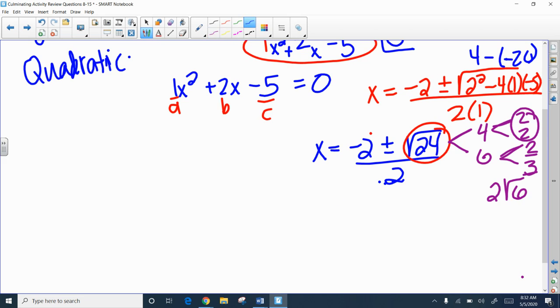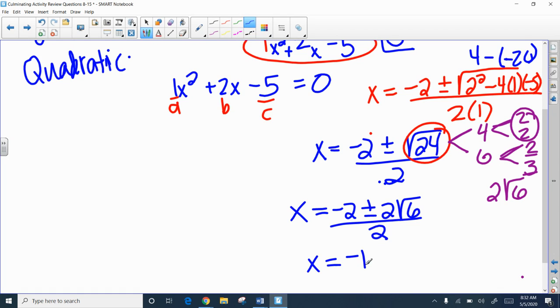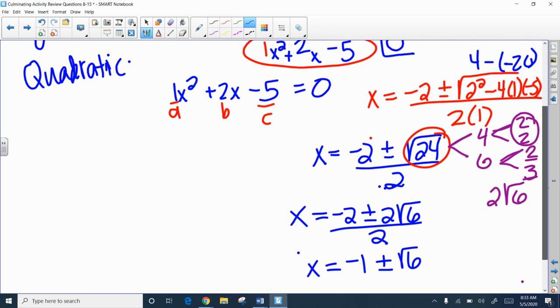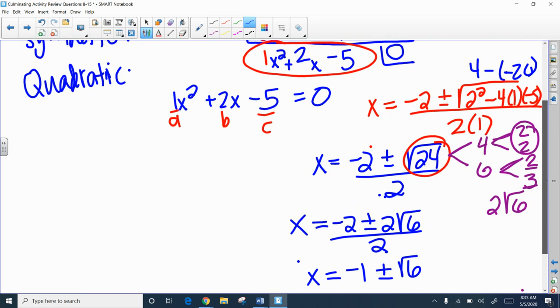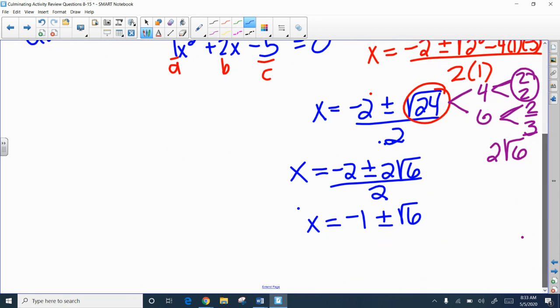So then I would have x equals negative 2 plus or minus 2 square root of 6 over 2. And then I can divide both of them by negative 2. So we get x equals negative 1 plus or minus 1 square root of 6. Okay, so my zeros, don't forget that the negative 3 we saw earlier is included.